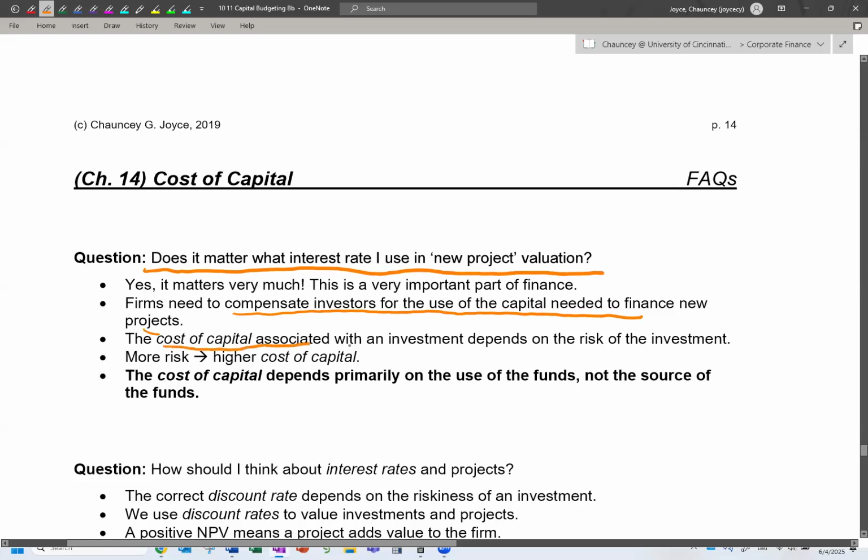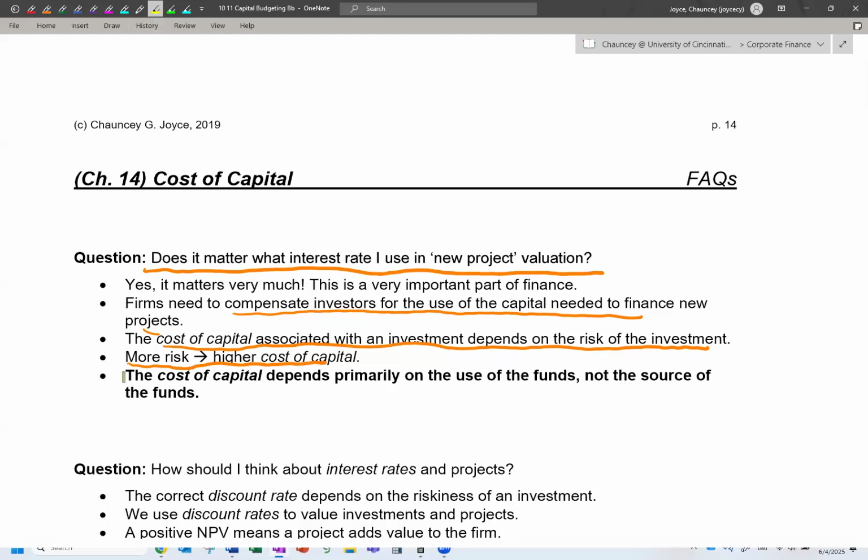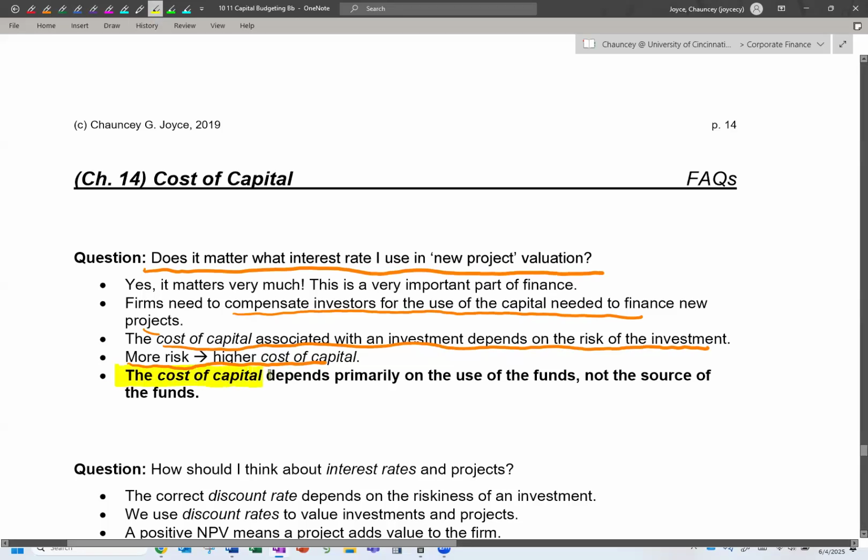The cost of capital with an investment depends on the risk of the investment. If the investment is risky, it will have a higher cost of capital. So here's an important takeaway. The cost of capital for a project depends on the use of the funds, not the source of the funds. So that goes back to that balance sheet identity where your assets equal your liabilities and your equity.